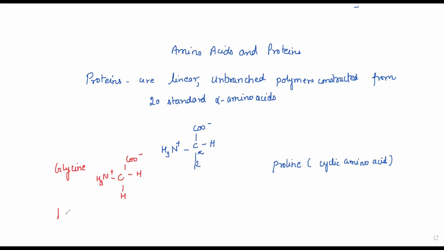If I talk about lysine, another amino acid, the structure is NH3+, CH2, CH2, CH2, CH2, CH, COO minus, and the amino group.